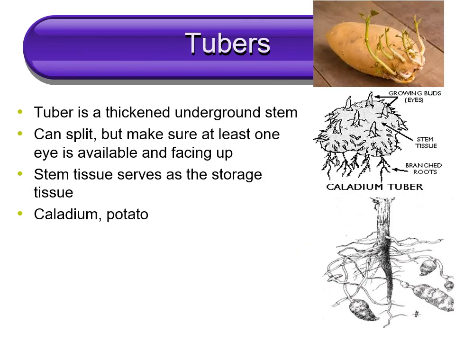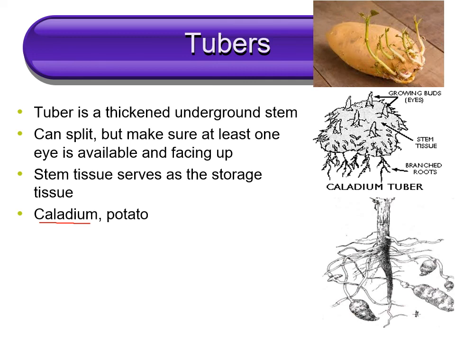Here's a popular one, tubers, your standard potato. And in the ornamental world, the caladium is an example of a tuber type plant. And here we have a potato where the eyes are sprouting, right? So you can see it's forming new growth, being fueled by starch that's stored inside the potato.